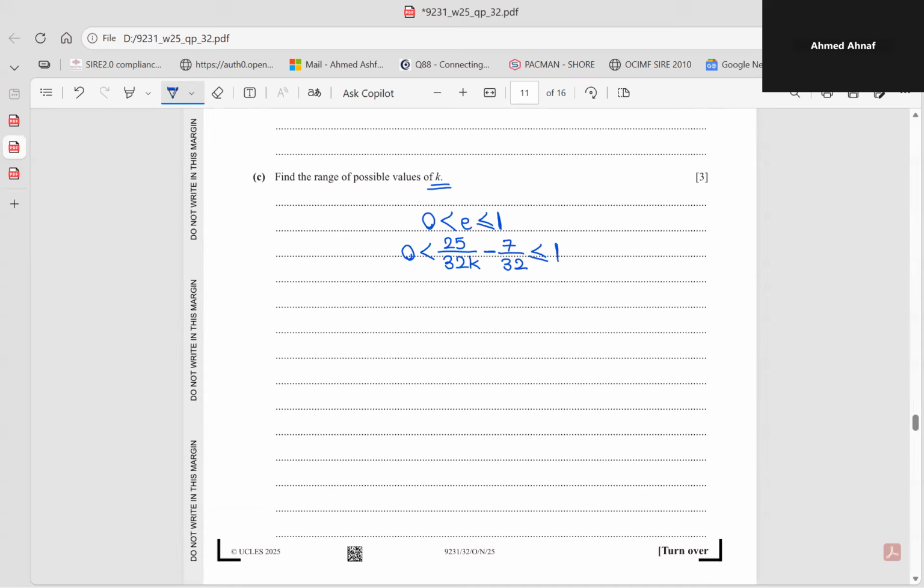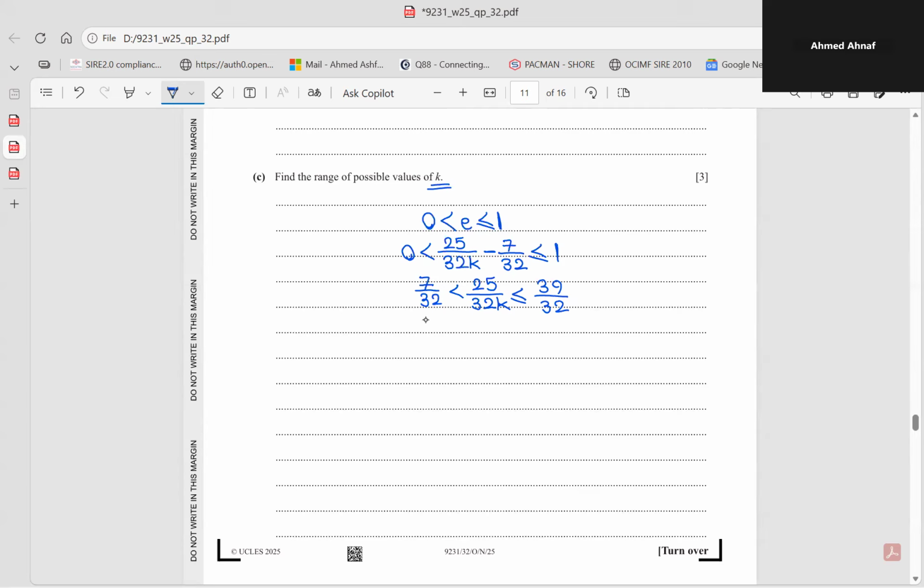So we can add 7 over 32 to both sides. 25 over 32k is less than or equal to 1 plus 7 over 32, which is 39 over 32. So let's multiply both sides by 32 over 25 to get rid of this fraction here.